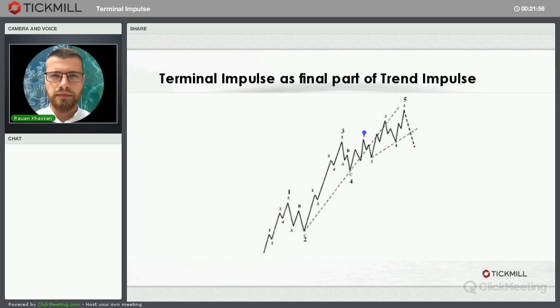So once the signal line 2-4 for the bigger structure is crossed, what brings you to the understanding that the overall impulse structure is completed? In order to understand this, you need to draw another signal line 2-4, which represents just the final part of the terminal impulse.